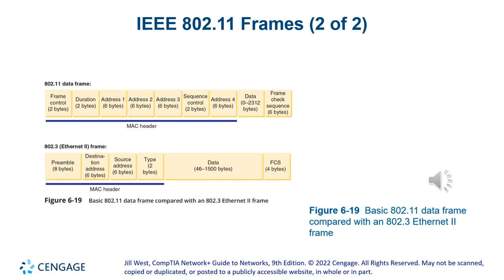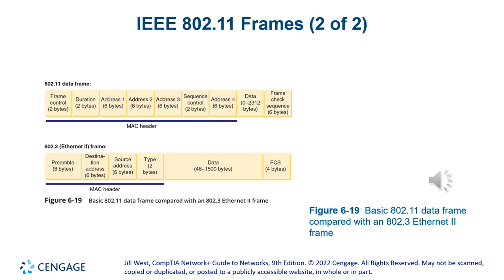Okay, and here notice the difference between a regular Ethernet frame and your 802.11 data frame. See at the bottom it says 802.3. 802.3 is Ethernet. 802.11 has everything to do with wireless. On the Ethernet, you have your source and destination address. Source address is your device, and the destination address is who you want to connect to.